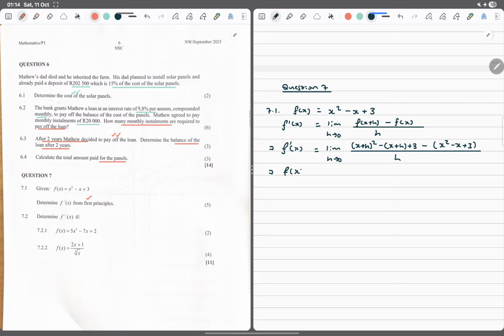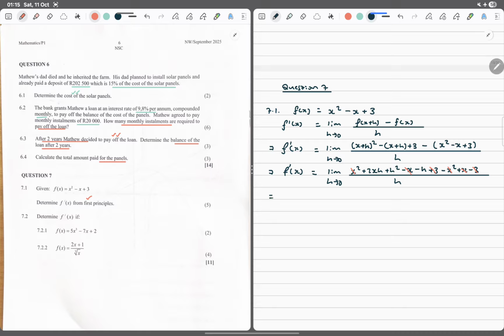So this means our f prime of x is going to be the limit as h tends to 0, we expand. So this is going to be x squared plus 2xh plus h squared minus x minus h plus 3 minus x squared plus x minus 3 all over h. So the magics take place. If they don't take place, there is a problem, okay?